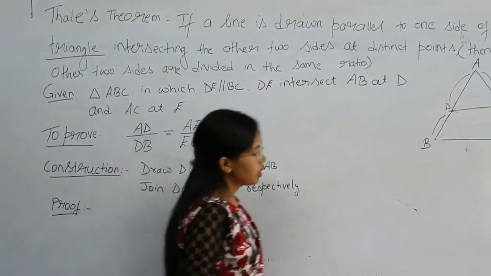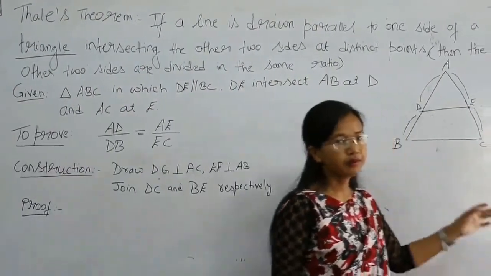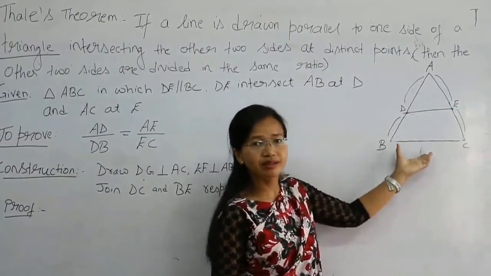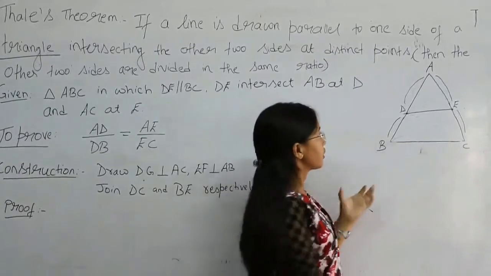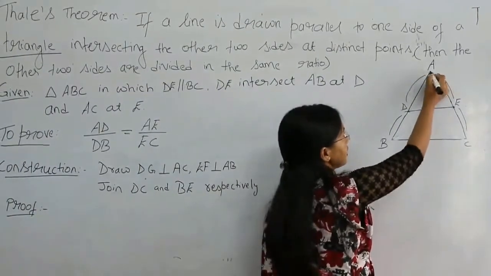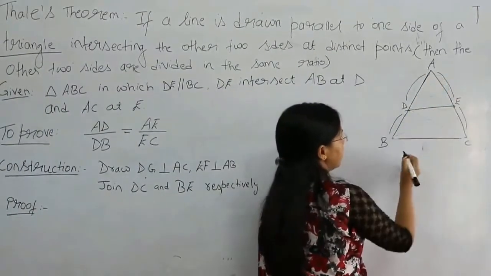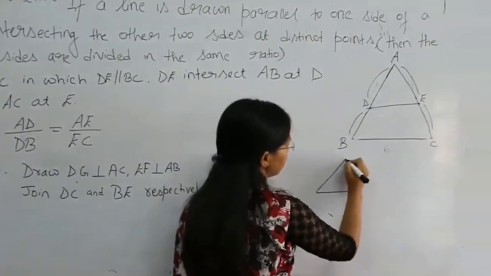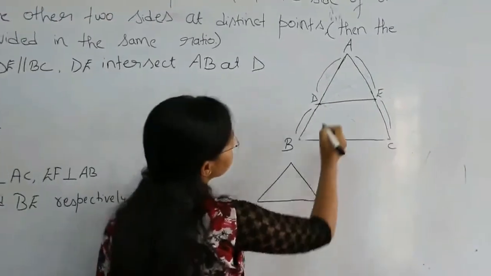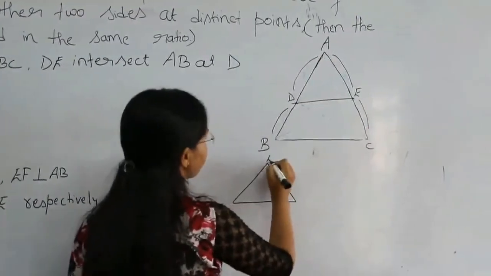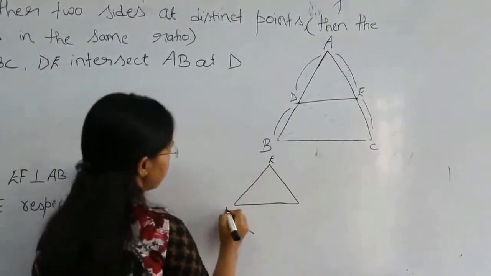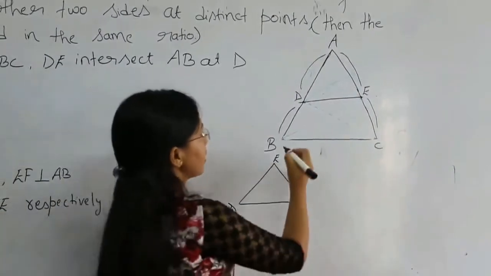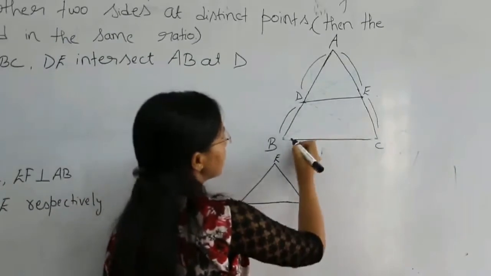Alright. So to start with the proof, let us break this big triangle. Here we'll take the first triangle ADE. Let me change it to E, D and A. And next take triangle BDE.